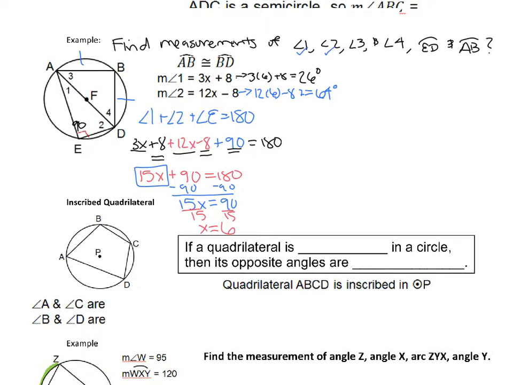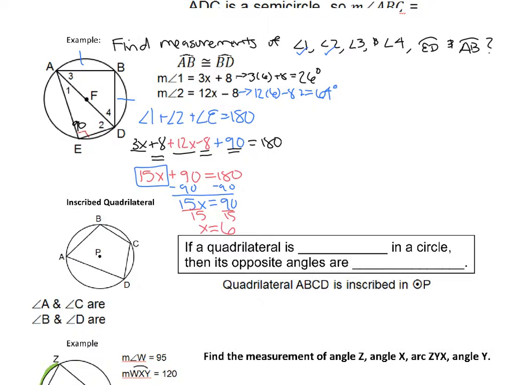Now, to figure out angles 3 and 4, we need to use some knowledge that we have here. Now, we hopefully recall that arc ABD is a semicircle, which means it's 180 degrees. So therefore, if AB is congruent to DB, then that would mean that these two pieces are equal and basically cut in half.